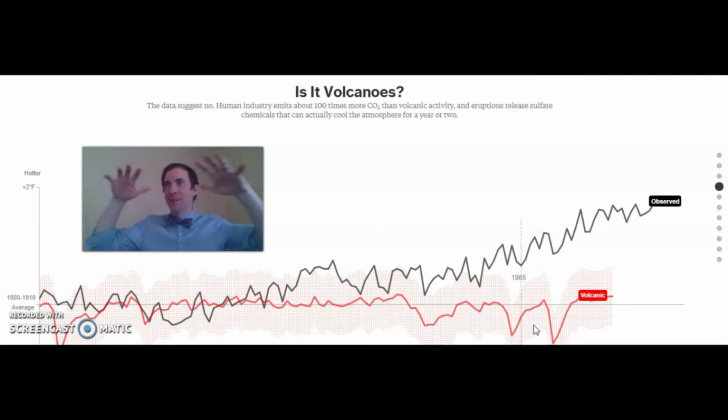As the ash is in our atmosphere, it keeps more sunlight from getting down to the surface of our planet. It increases the overall albedo of Earth, therefore decreasing the global temperature. And you can actually see these negative spikes show up in our observed temperature. So it gives us confidence in this model that it is hard to see in the noise, but there are some clear negative spikes showing up.